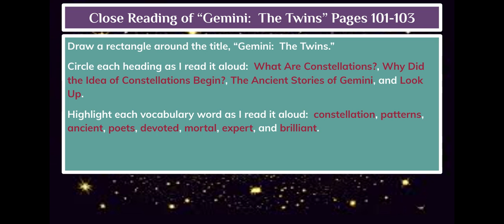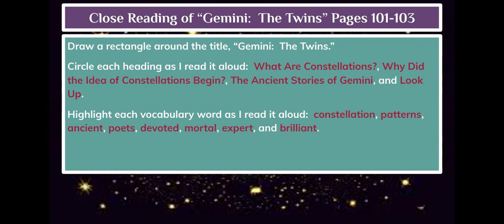Poets. Poets are people who write stories in lines with emotion and rhythm. Say poets. Poets have told stories about stars for thousands of years. Devoted. Devoted means loyal or deeply caring. Say devoted. The Gemini twins were devoted brothers. Mortal. Mortal means subject to death or will not live forever. Say mortal.